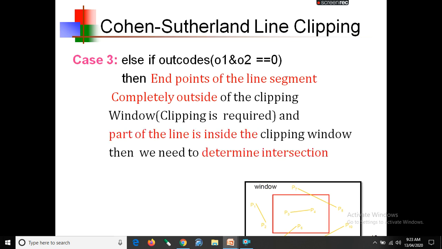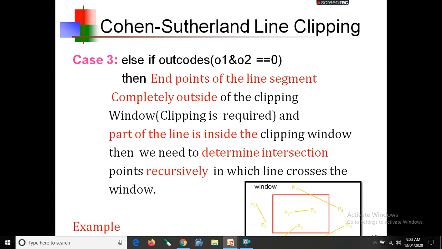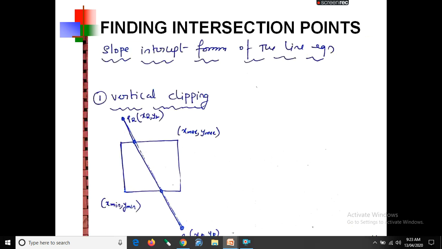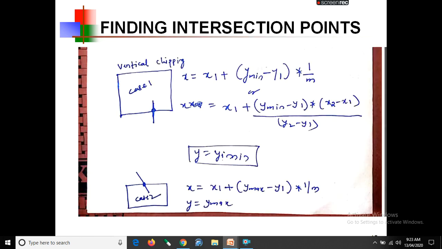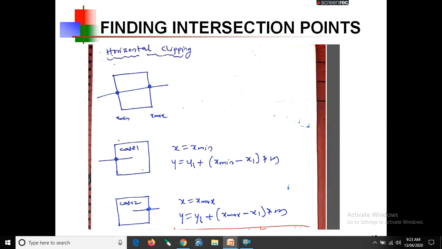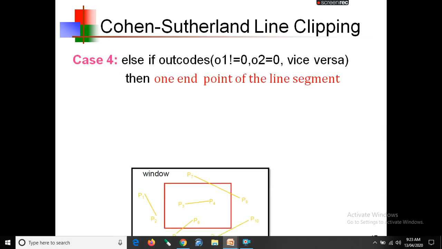Then we need to determine two intersection points with respect to this case. So we will get two types of intersections: one is vertical intersection, called vertical clipping, and the other is horizontal intersection, called horizontal clipping. By using the appropriate intersection point calculation formula, we need to calculate either one or two intersection points.